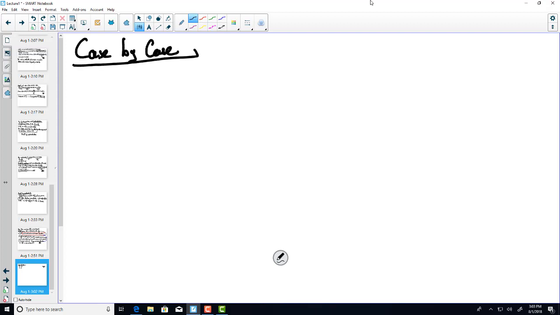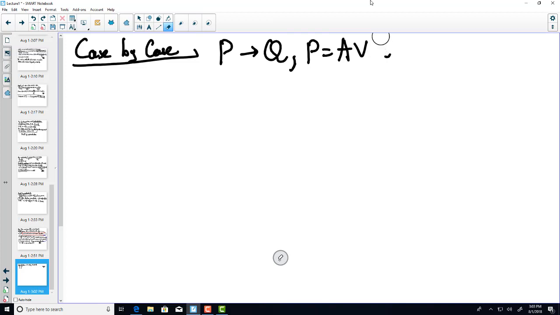To understand this, again, suppose we want to prove the following, where P and Q are statements and P can be written as the or statement of A or B.